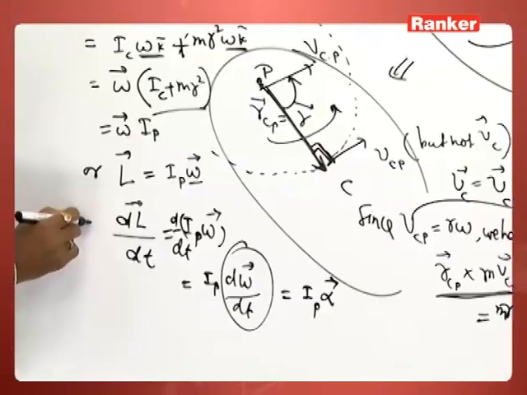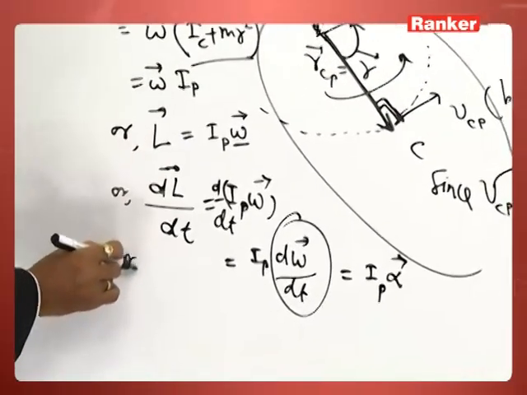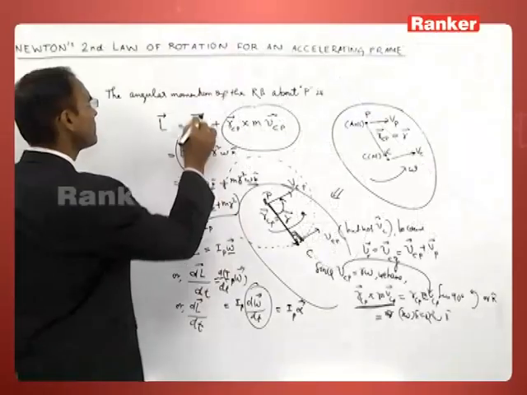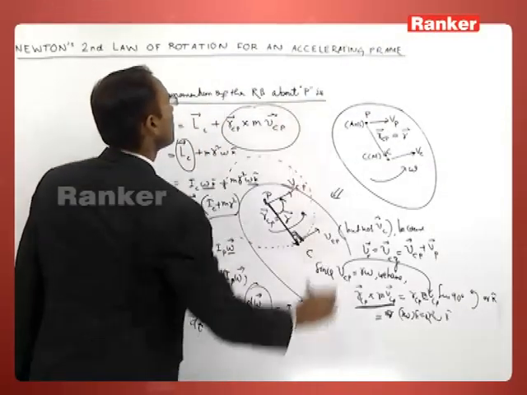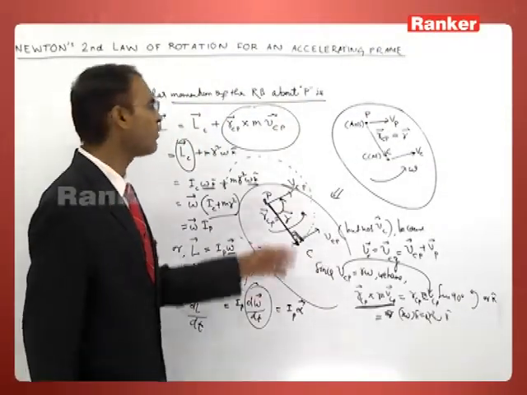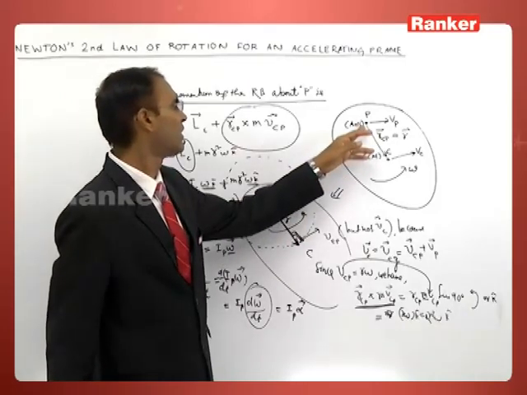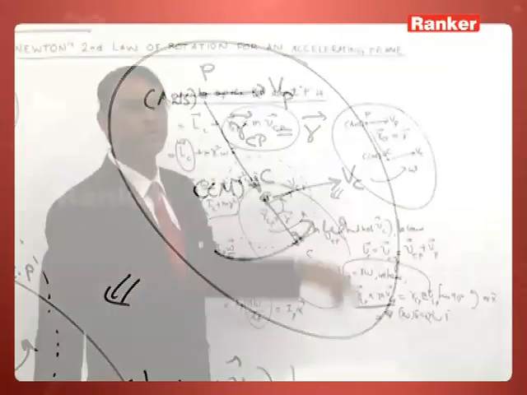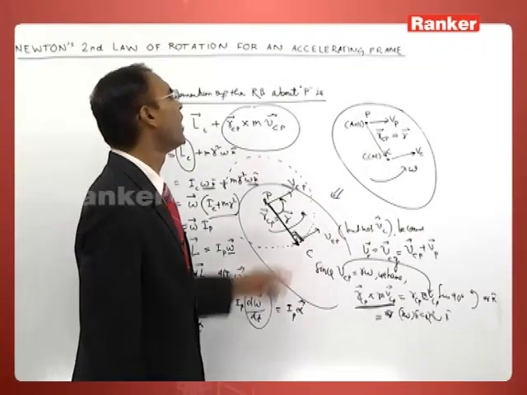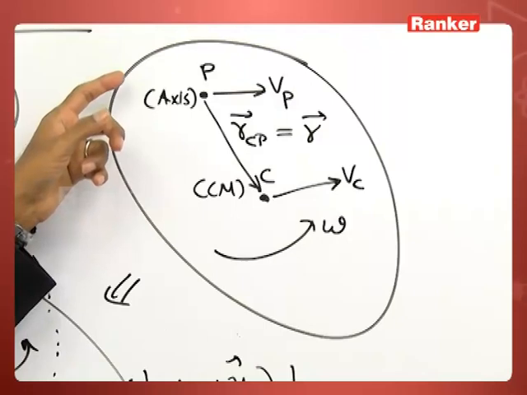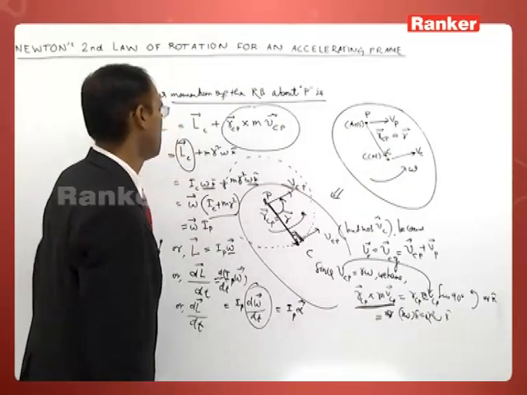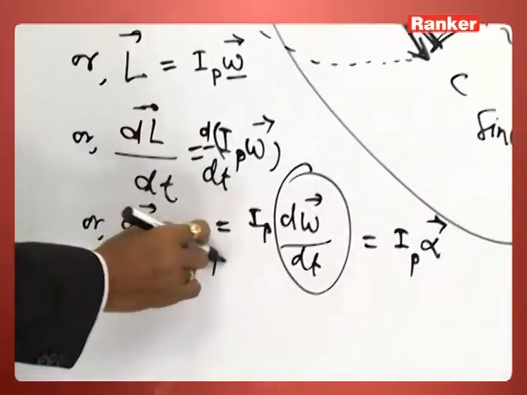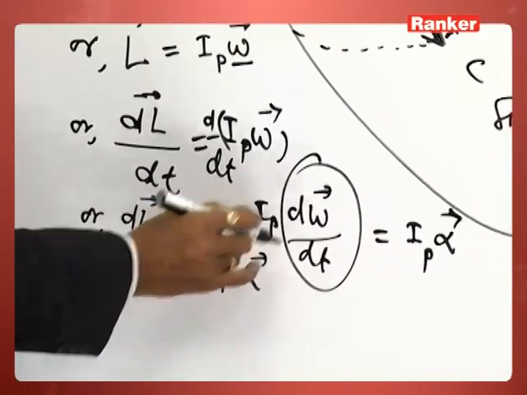Well, we can write rate of change of angular momentum of the rigid body with respect to this reference point, which is moving with some velocity, is equal to IP into alpha.